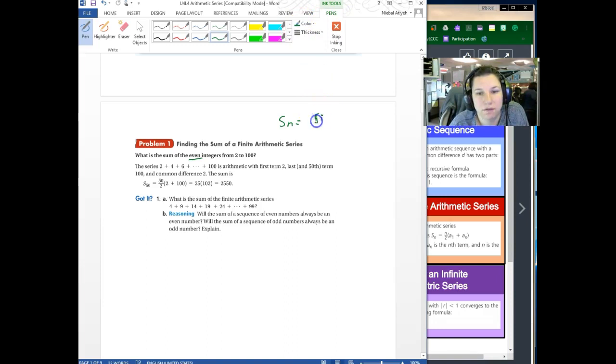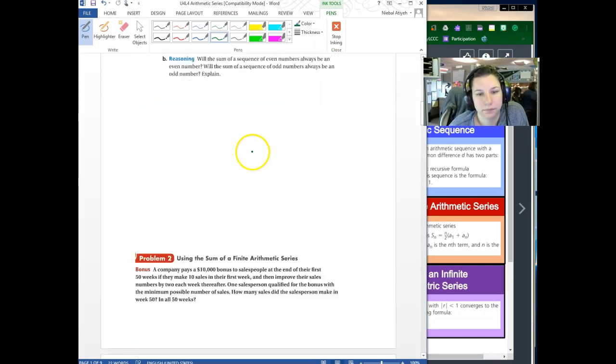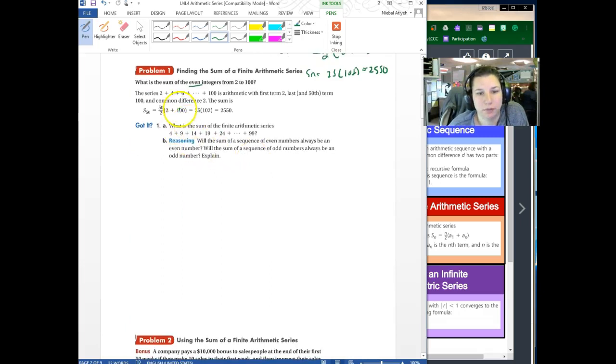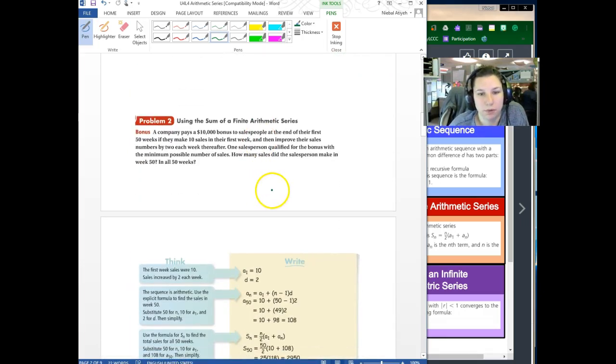So they're using 50 as their term number divided by 2, and then the first and last term. And that'll give you your sum. So just be careful. Sometimes they're a little tricky with figuring out what the term number is.